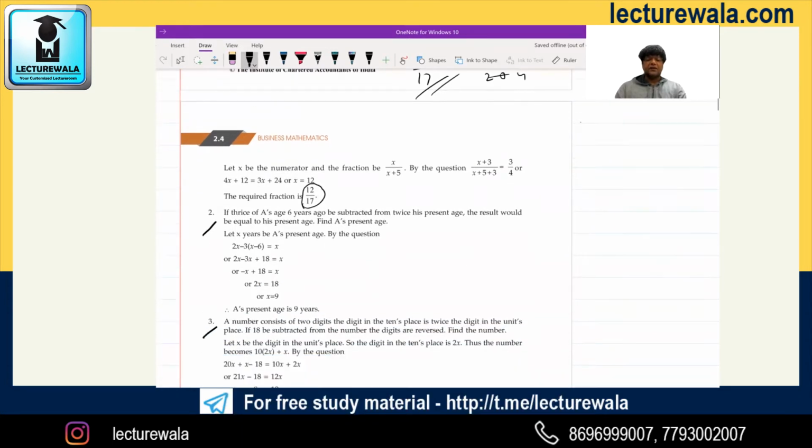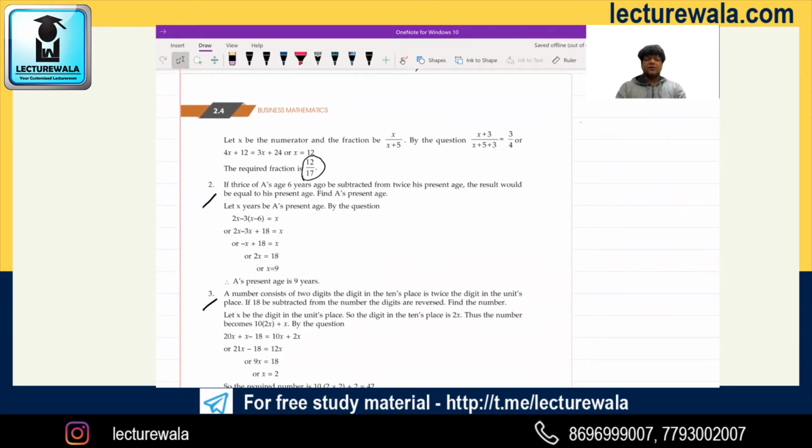Similarly, see the second one. Thrice the age 6 years ago, subtracted from twice his present age, the result would be equal to his present age. Find his present age. They have taken the present age to be x years. So 6 years ago his age will be x minus 6.